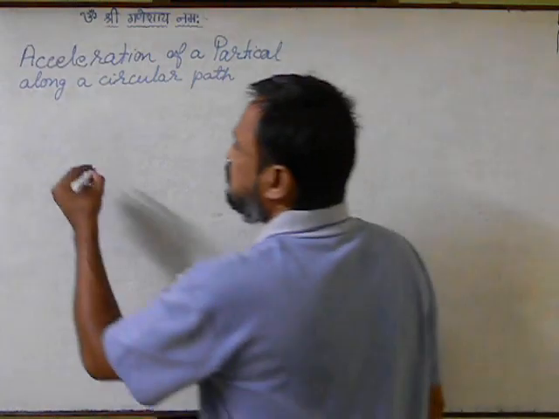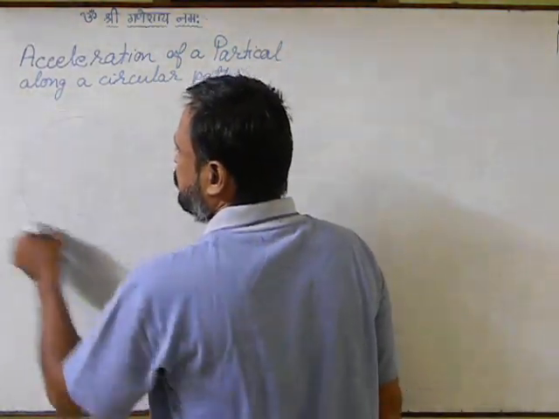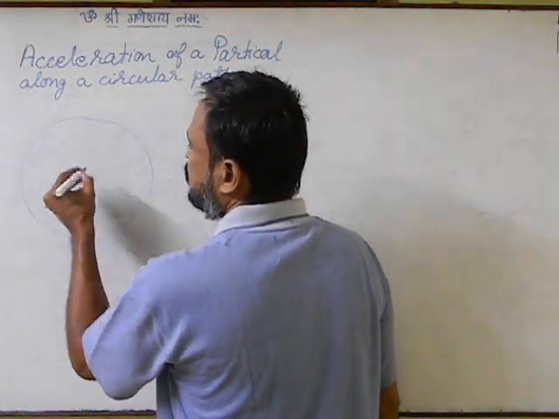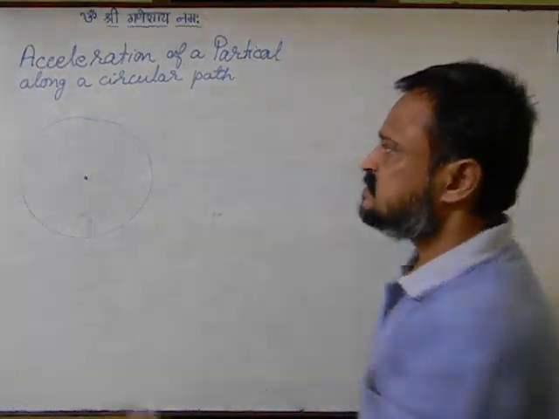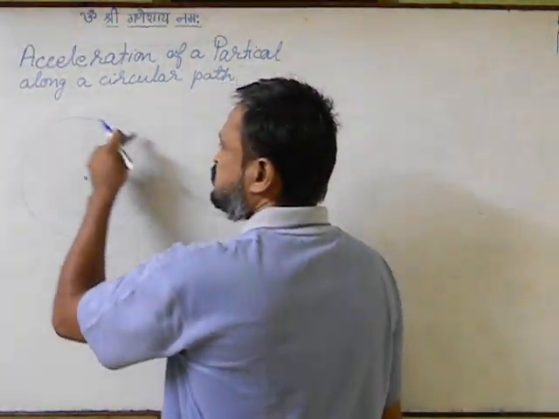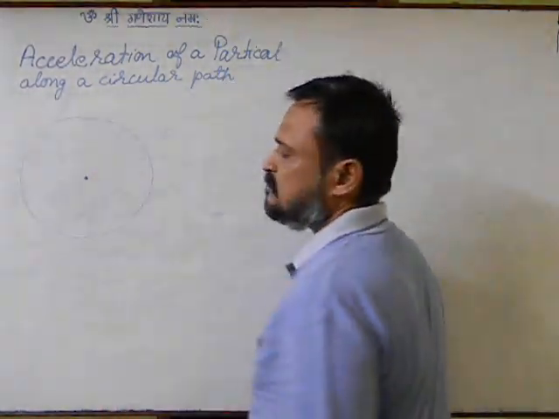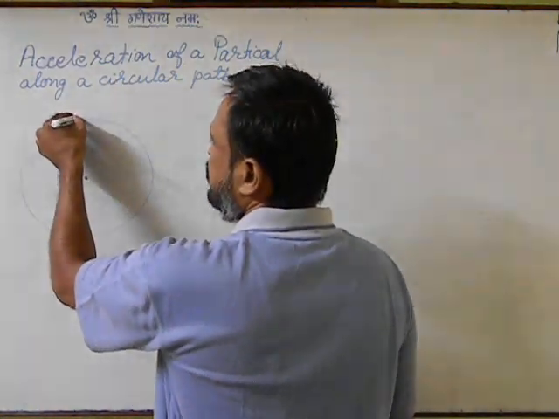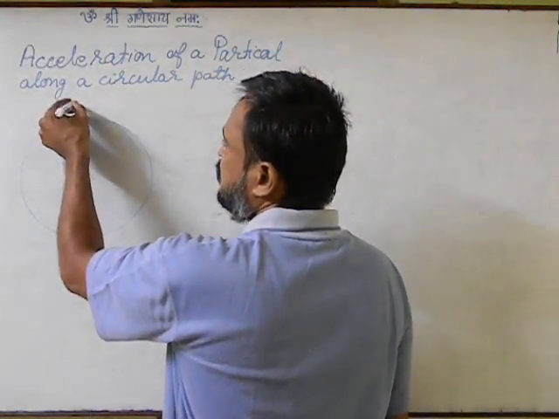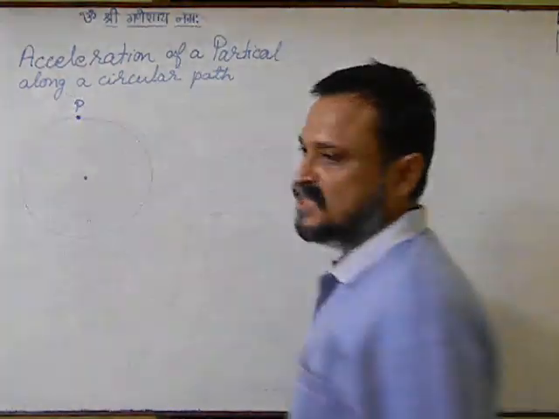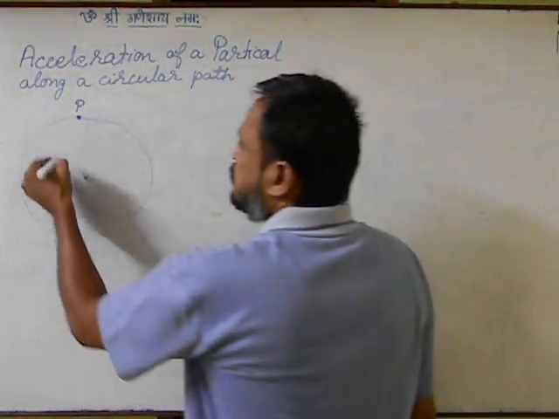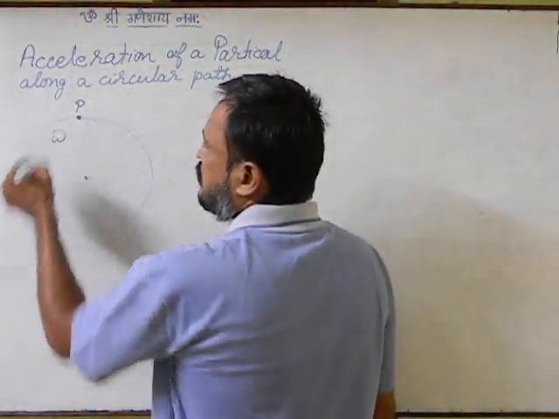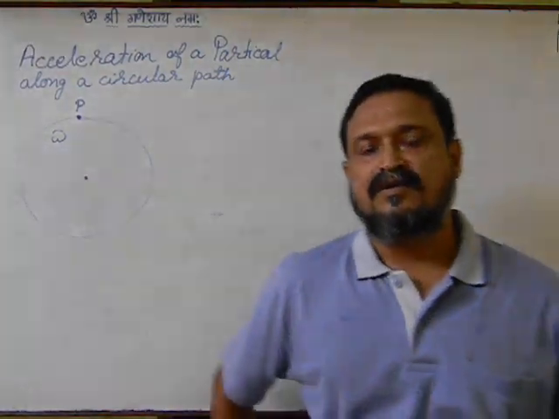So now if we consider that there is a particle which is moving along a circular path, and at one instant, let us say, the point is at location P, and it is moving with an angular velocity of omega.